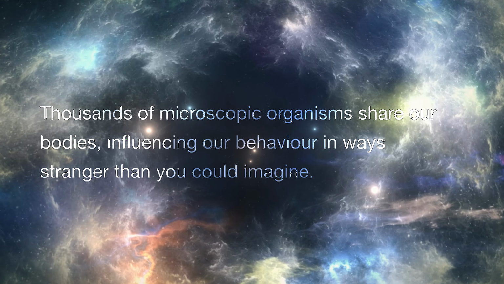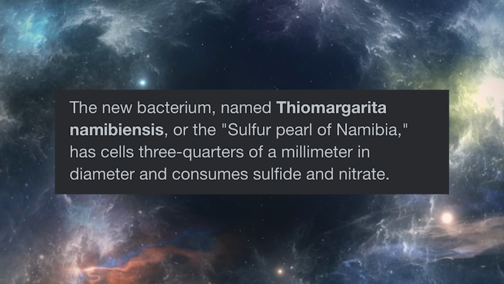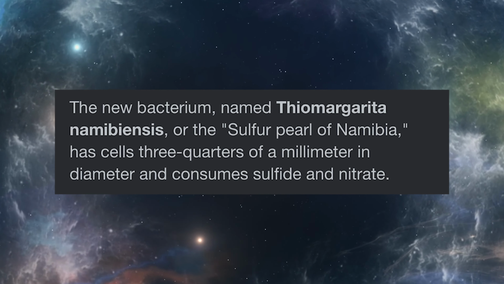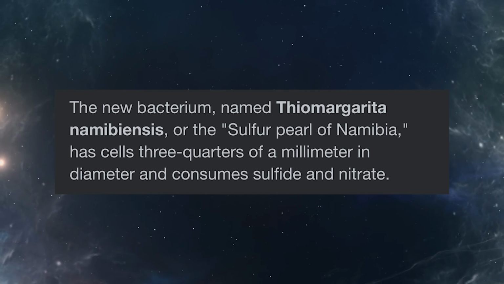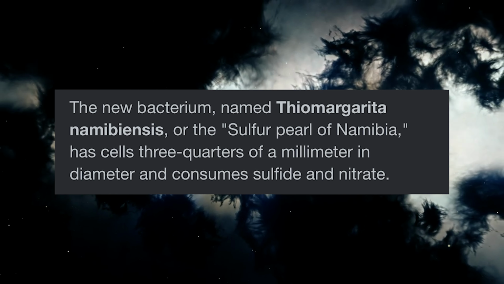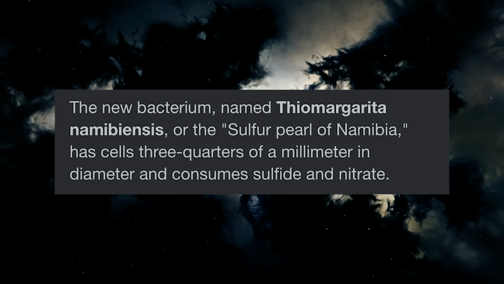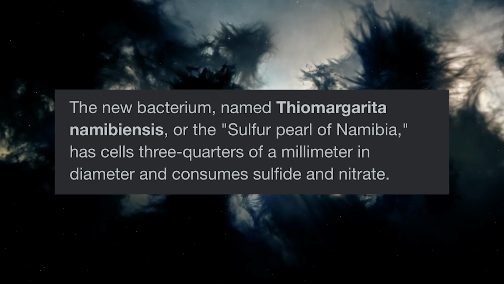Like, the sulfur-eating bacteria that I know, I call it margarita because Siri said it was something else, but pretty much I call it margarita. It's a sulfur-eating bacteria and it's pretty large.